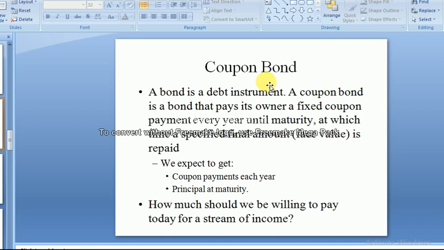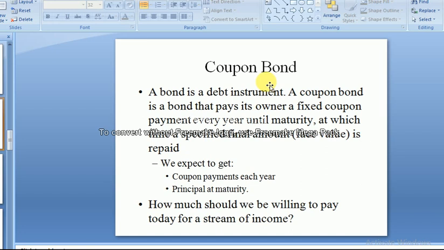A coupon payment on a bond, in the case of a coupon bond, dear students, is the annual interest payment that the bondholder receives from the bond's issuer until its maturity. Coupons are normally described in terms of the coupon rate, which is calculated by adding the sum of the coupons paid per year and dividing it by the bond face value.